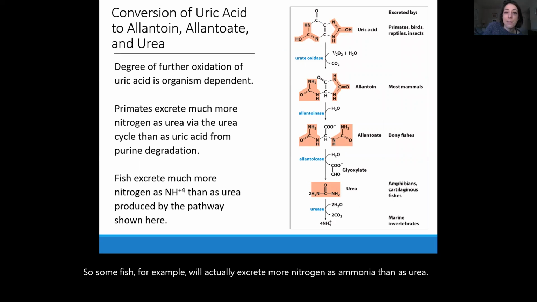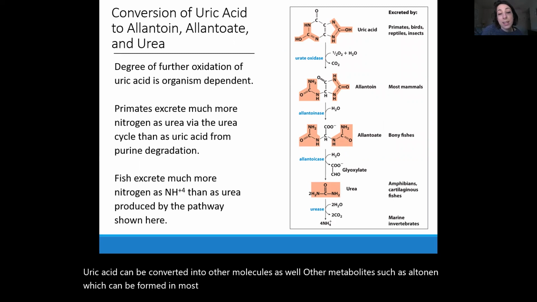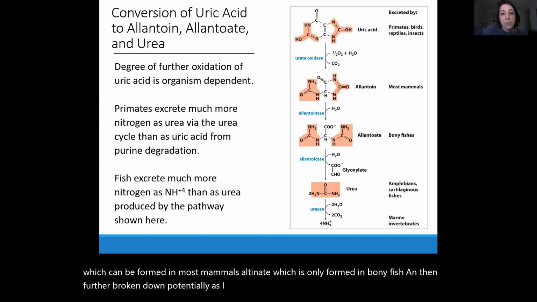Uric acid can be converted into other metabolites as well, such as allantoin, which can be formed in most mammals, allantoate, which is only formed in bony fish, and then further broken down, potentially, as I said, into urea, which is only seen in marine invertebrates.